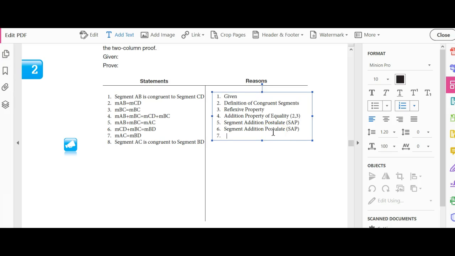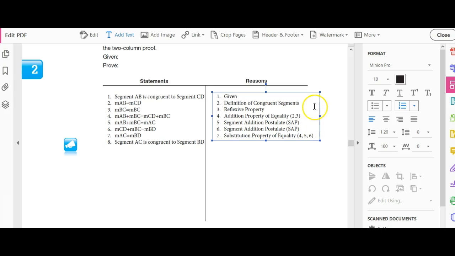Okay, so then we did the substitution property of equality. So we used this line here, line 4, and what we substituted in on the left was part 5, right? What we substituted in on the right was part 6, right? So we used lines 4, 5, and 6. We used all 3 of those lines there.